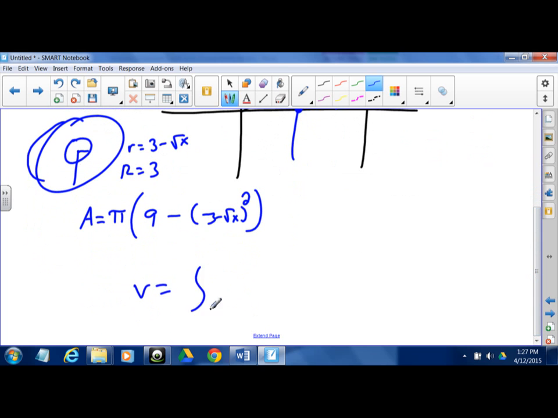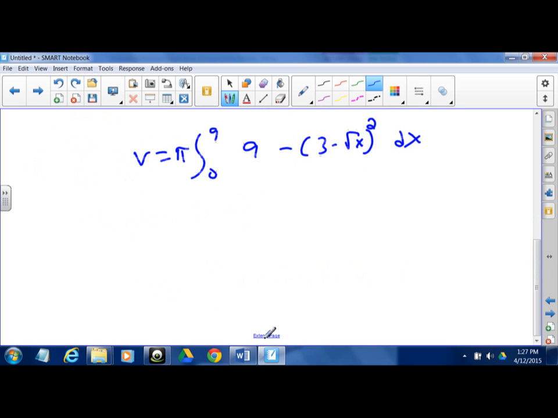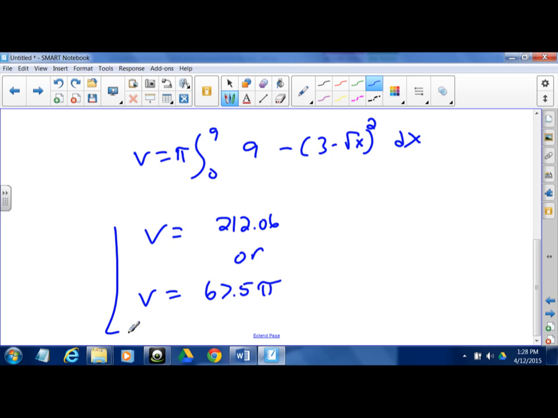So volume equals the integral, and we'll pull the pi out. And it's going to be 0 to 9, and it's going to be 9 minus 3 minus root x quantity squared dx. And if you plug that into a calculator, it is going to give you volume equals 212.06, or if you want it exact, it's 67.5 pi. Alright, so either one of those would be appropriate.